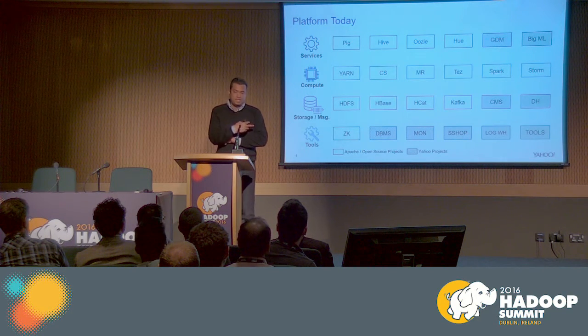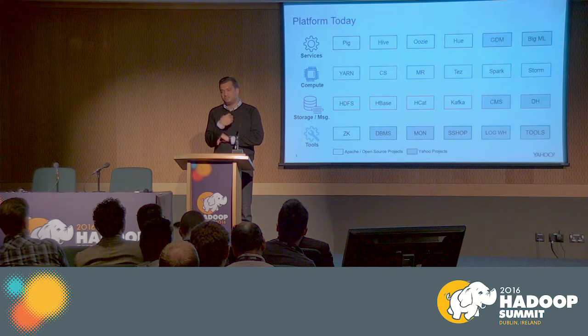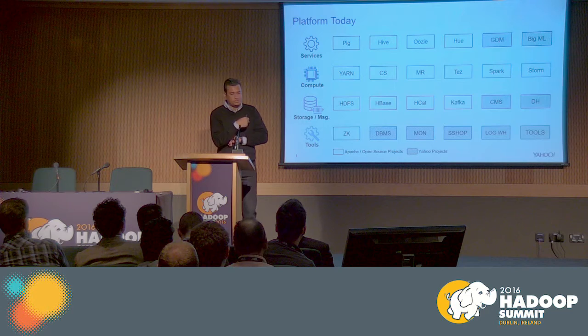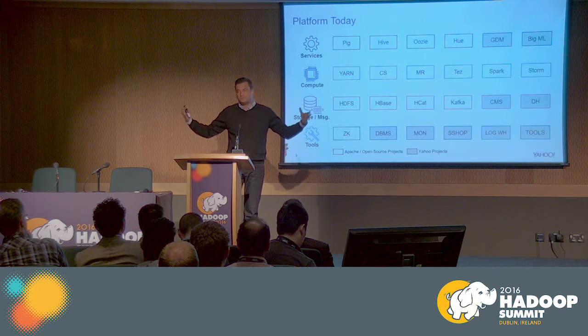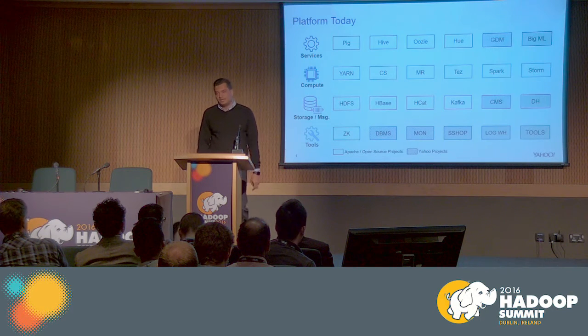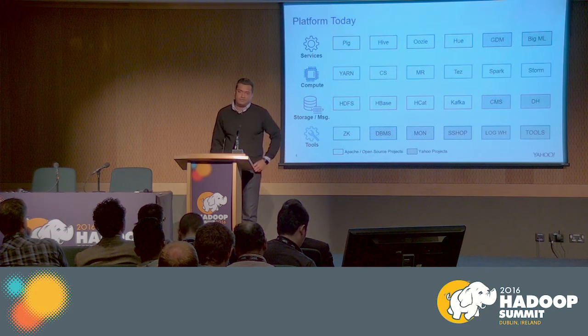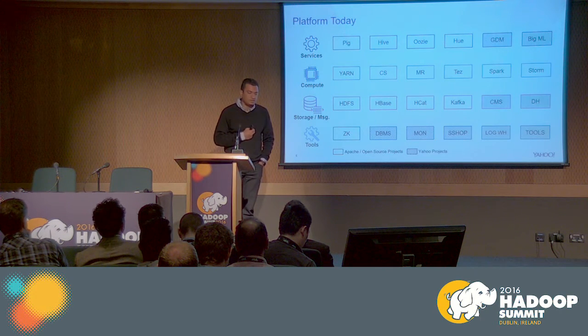And CMS, Cloud Messaging System, is a solution very similar to Kafka, which we have always used, but that's not open source. And then all the data from our globally distributed web servers and data centers all come through a system called Data Highway, which is very similar to Scribe from Facebook or Flume, but that's not open source either.